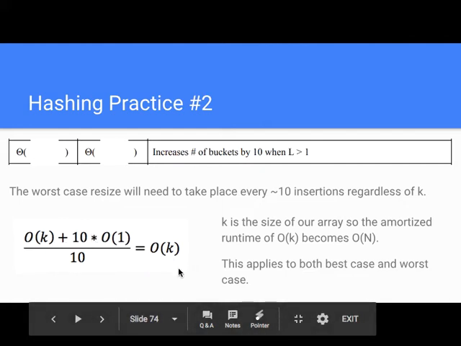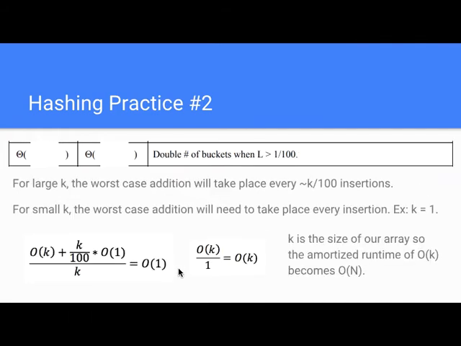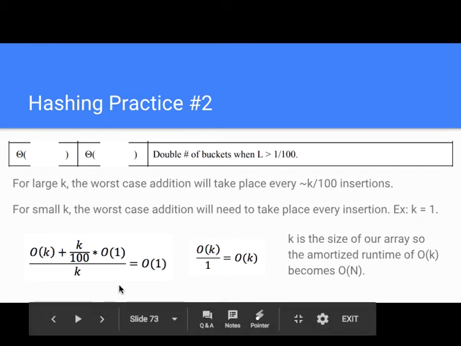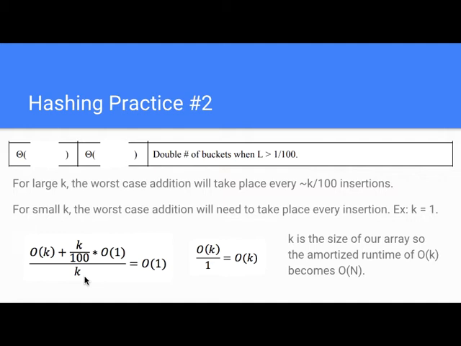Could you go back to the previous slide real quick? Why is the bottom not k over 100 but k here? This could also be k over 100. You could say k plus k over 100. In the end, the ratio will still be the same. It really depends on how you define your problem. But that's more correct, right?